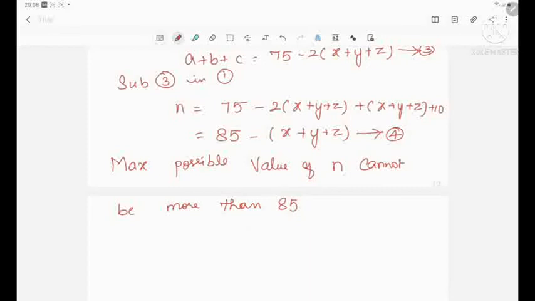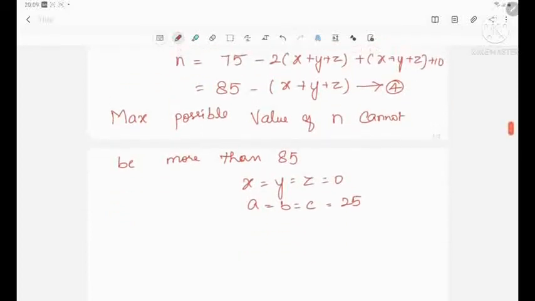Because when x is equal to y is equal to z is equal to 0, we get A is equal to B is equal to C is equal to 25. We get the maximum value, which cannot be more than 85.